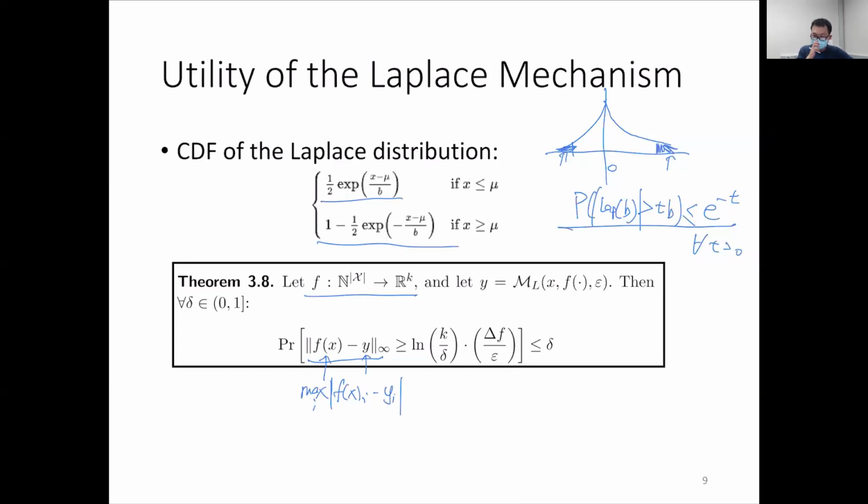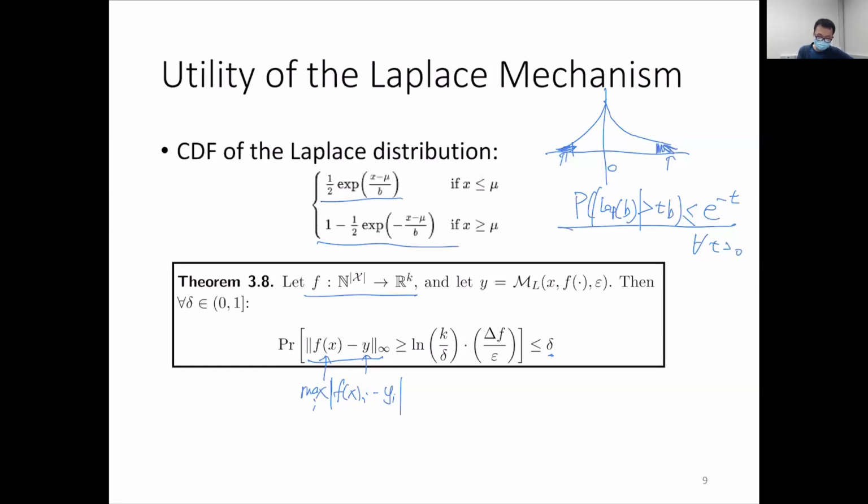What we're going to do is show that simultaneously for all k coordinates, the Laplace noise that we add is smaller than some number, and then add all those tails up into this failure probability delta. We don't care about what happens in this failure probability delta. The Laplace noise can be larger than my bound, but as long as we can show that delta is small, this is a good bound.